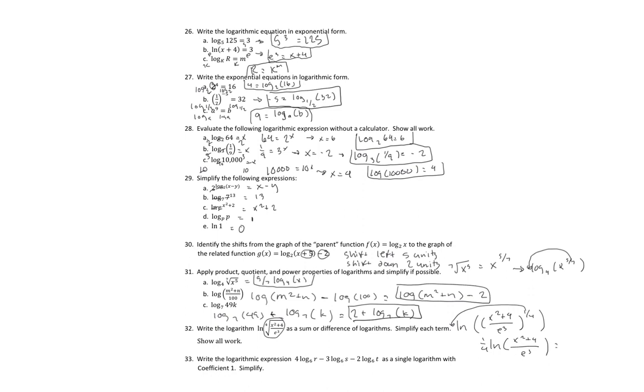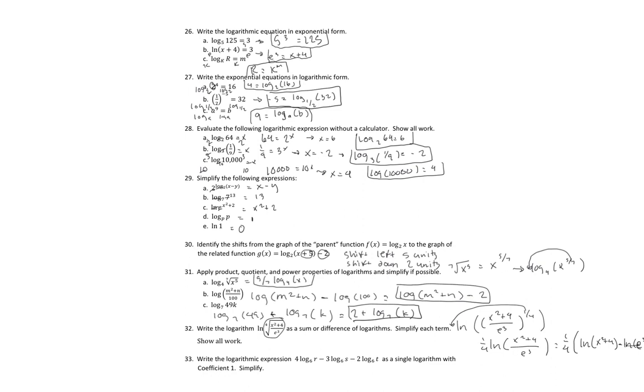And so this is going to be equal to 1/4 times the whole thing of natural log of x squared plus 4 minus natural log of e to the third, not e to the negative third, but just e to the third, right? Kind of got carried away with my negatives there. There we go. And so we see that the natural log and e cancel each other out, and just leave us with 3.